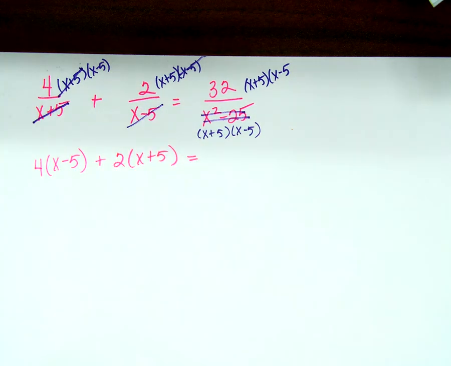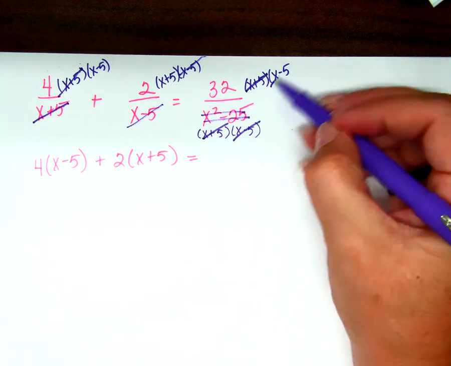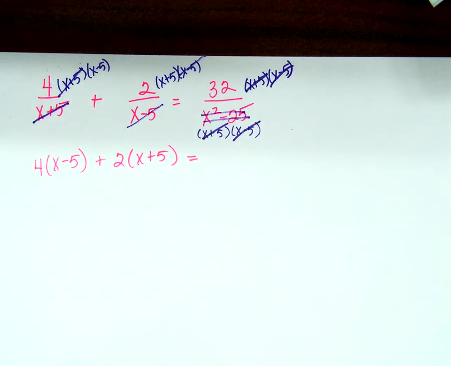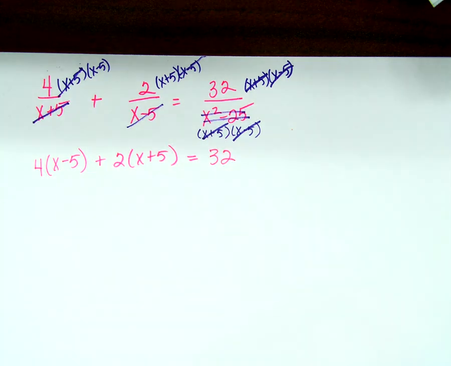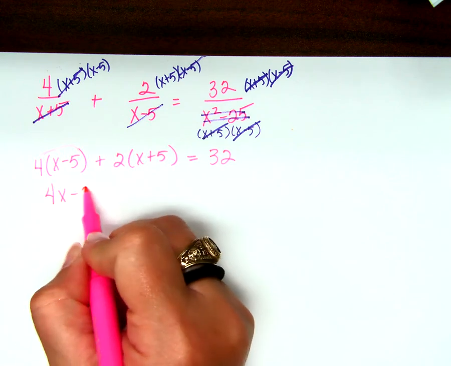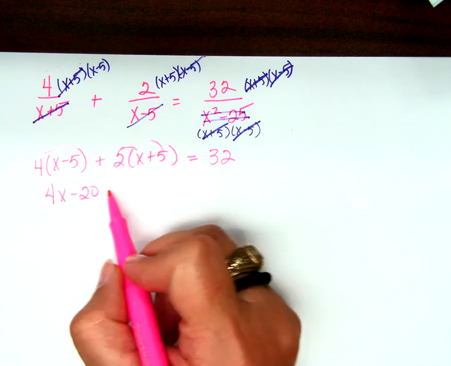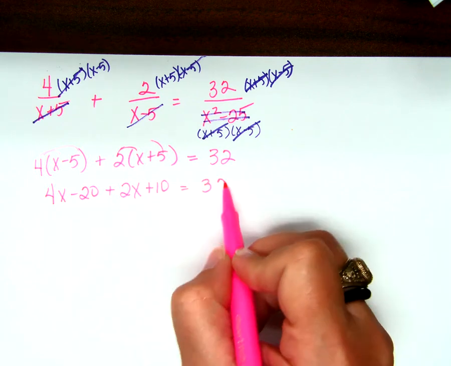What happens to the last part? Simplifies all the way, right? Oh, I forgot to close my parentheses, sorry. Equals 32. But once again, it's just as easy a problem as the beginning, right? So distribute here and here. 4x minus 20. Distribute here and here. Plus 2x plus 10 equals 32.